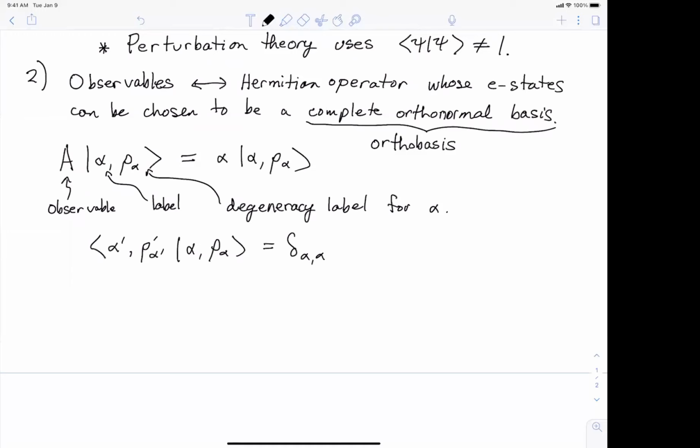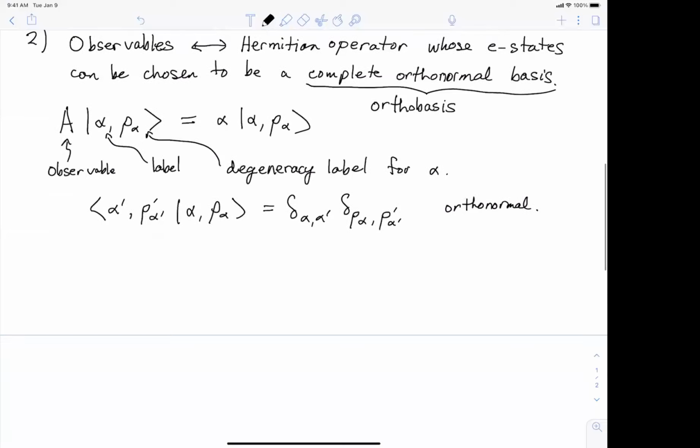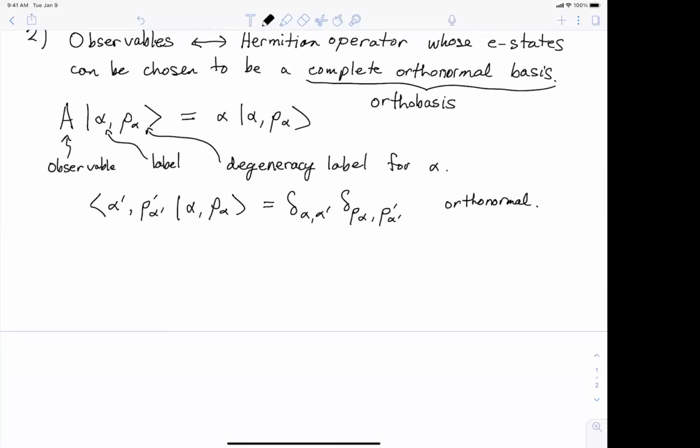So alpha and alpha prime have to be the same, and rho sub alpha and rho prime sub alpha prime have to be the same. Okay, so that's the orthonormal part. And it should be mentioned that alpha and rho sub alpha might not just be numbers, they might be lists of numbers. So we're using a notation where that is a possibility.